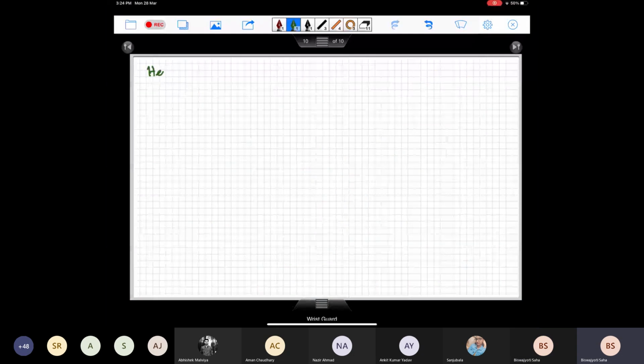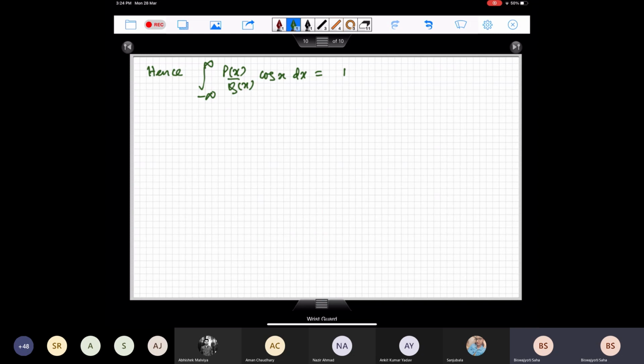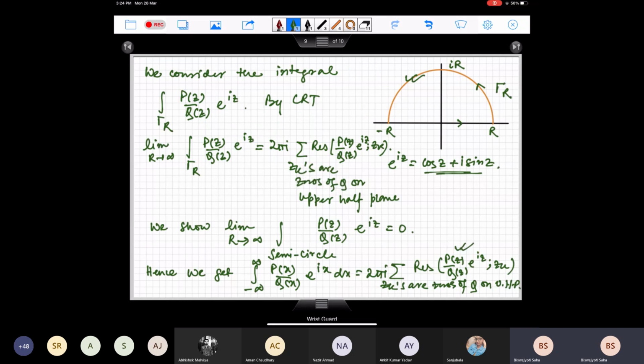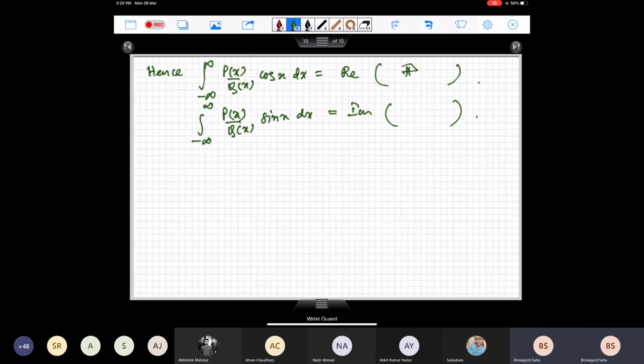Hence the integral from minus infinity to plus infinity of p(x)/q(x) cos x dx is the real part of the previous thing, and the integral of p(x)/q(x) sin x dx is the imaginary part of this whole thing. Whatever the residue that comes up, if I call it star, then it is the real part of star.